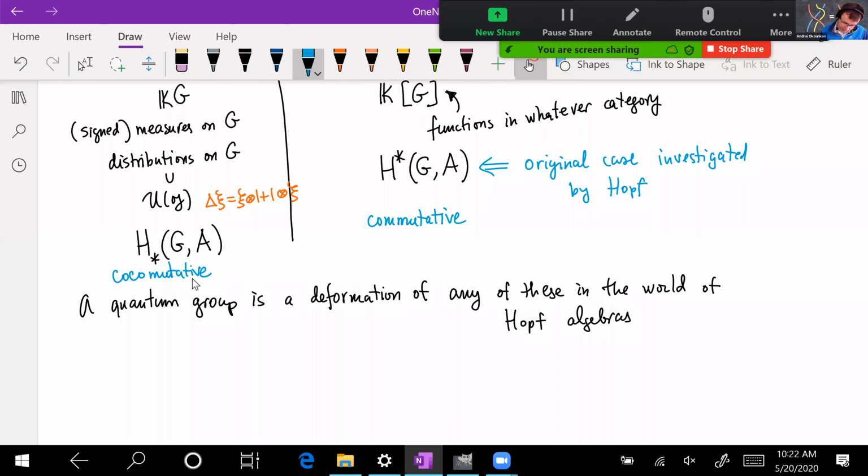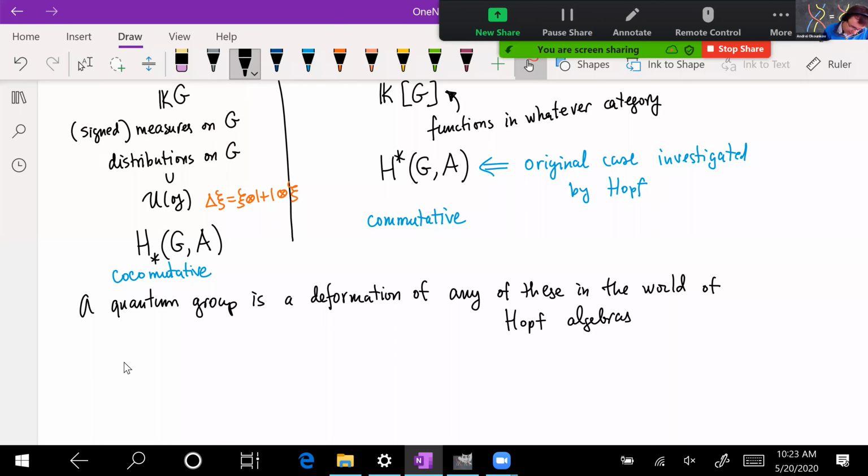The deformation is to give up on that. We will be looking at this complex in this part, and we would like to give up the fact that this is co-commutative.